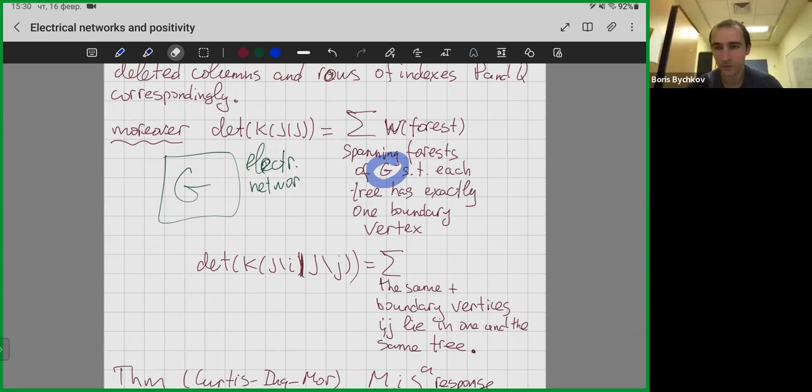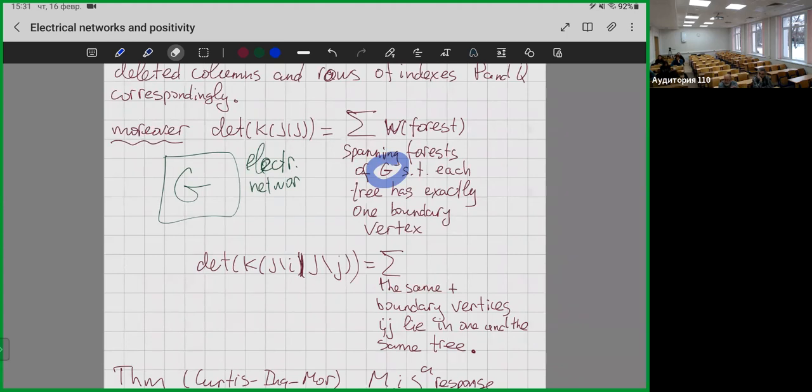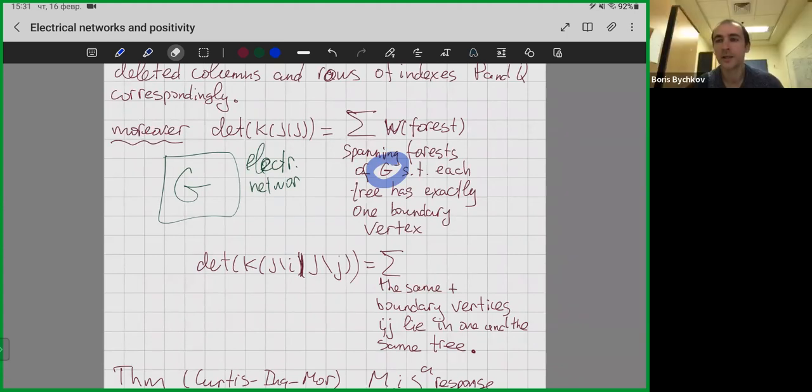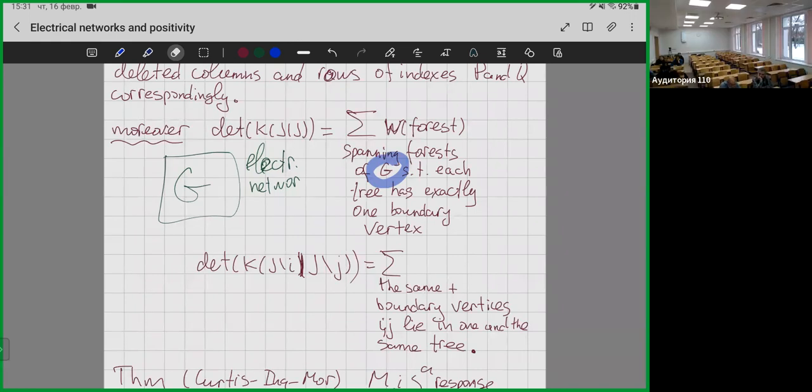Here a tree has two boundary vertices, I and J. So we take such forests that one connected component of these forests has exactly boundary vertices I and J, and no other boundary vertices, and all other trees each have exactly one boundary vertex, which are the other boundary vertices.